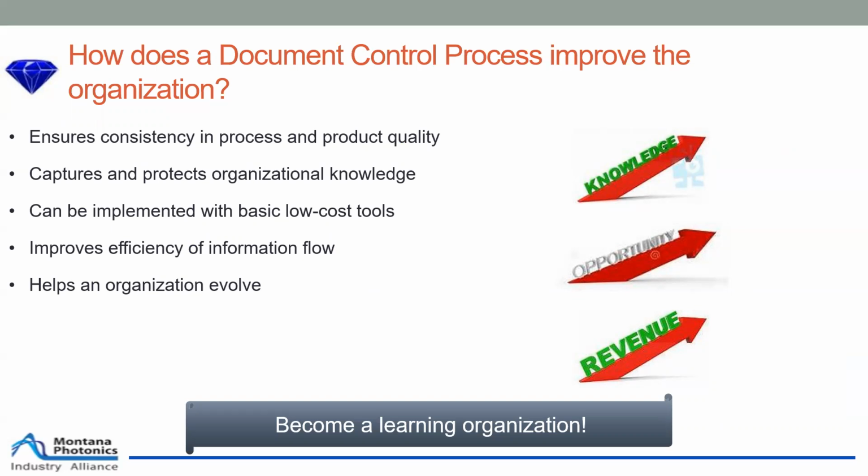It improves the efficiency of communicating this organizational knowledge by making it easily available to interested parties, and so you can train your personnel. Ultimately, it helps your organization evolve because it methodically captures changes and improvements. This is the essence of continual improvement and the foundation of becoming a learning organization.